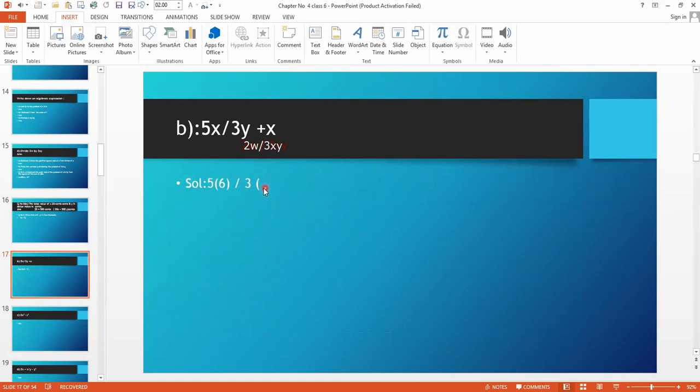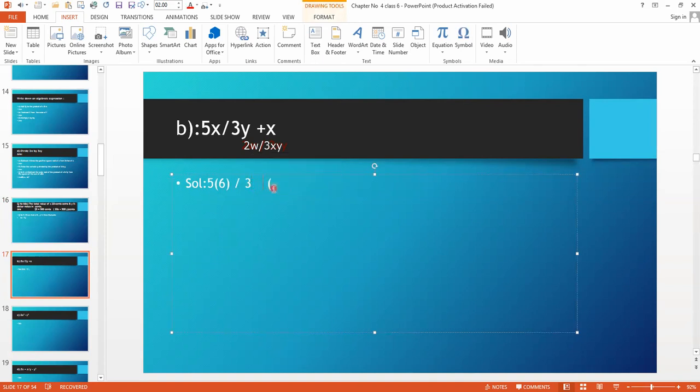Just I want to move the cursor. Now it becomes, minus, I have to write minus 4. Actually, the cursor is not working.